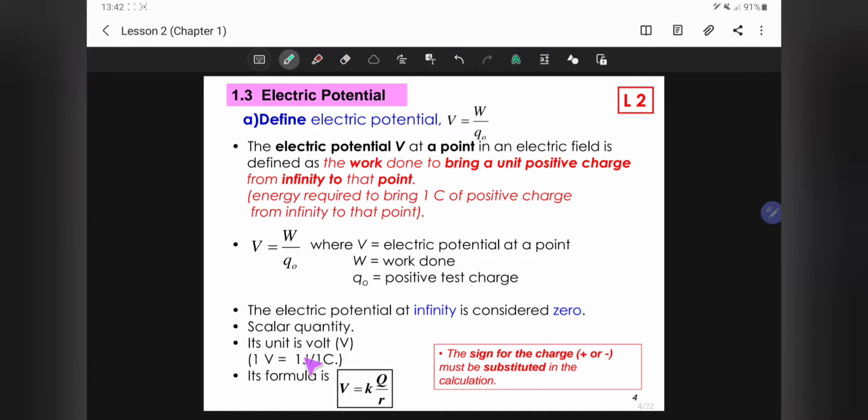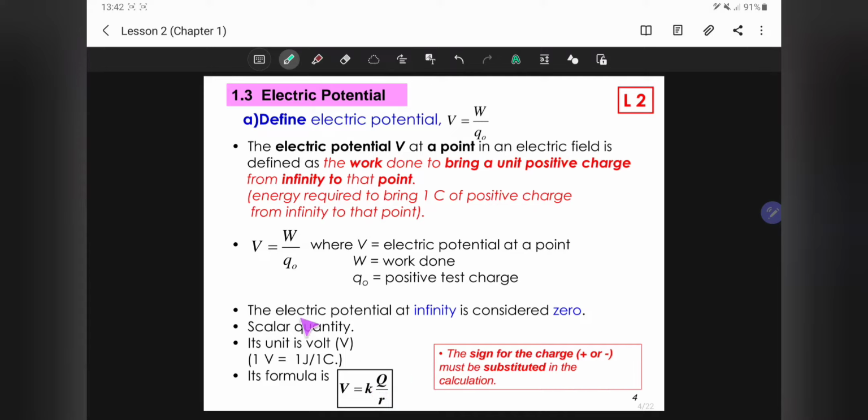This is the definition of electric potential, and this is the equation used in calculating the potential: V equals kQ over r. Q is the amount of charge, r is the separation between that point and the isolated charge, and k is our constant. So what is the value of k? 9 times 10 to the power of 9.